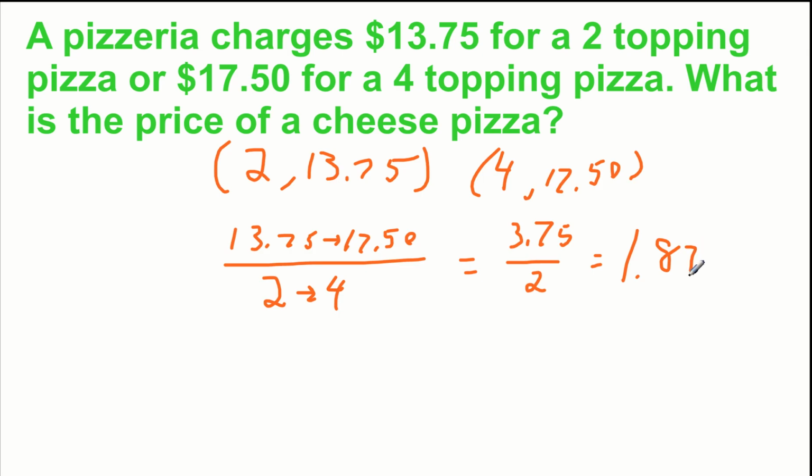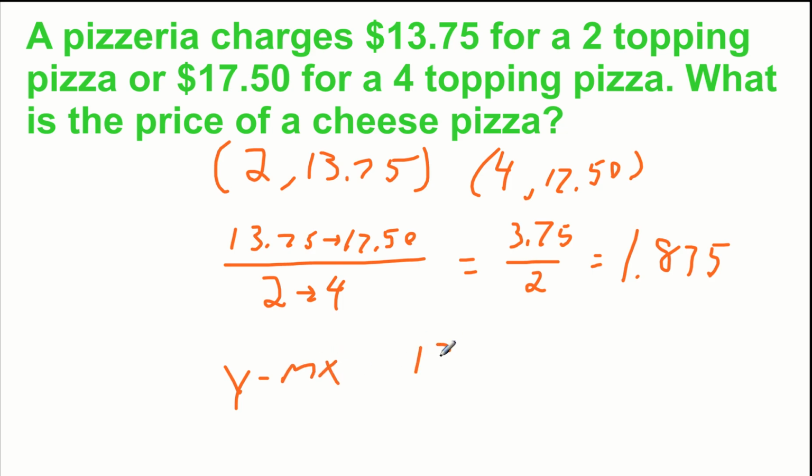So we got $1.87 and then an extra 5 kind of on it, if you divide the 375 divided by 2. So we'll use that as our slope. Like I said, that's not a great money number. I messed up a little bit picking the numbers, I guess. So we can still do y minus mx with that, though.